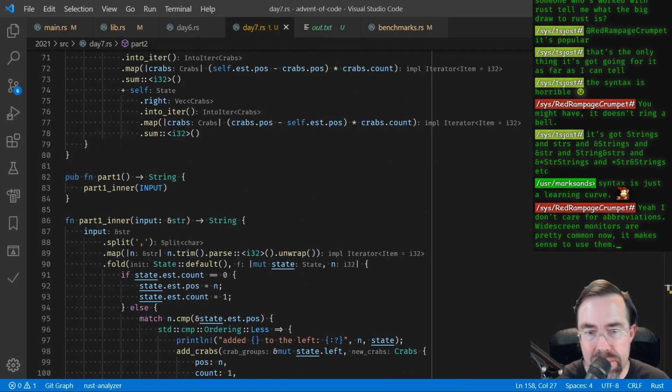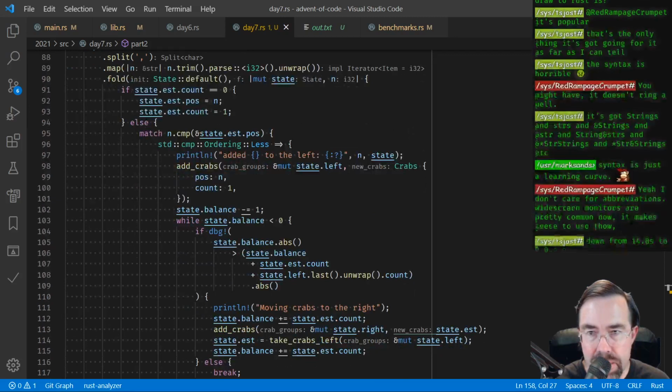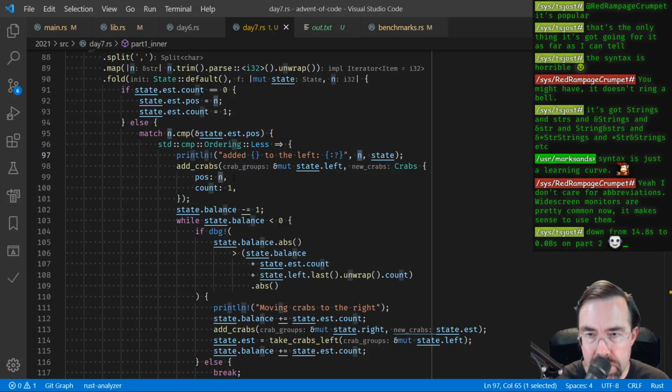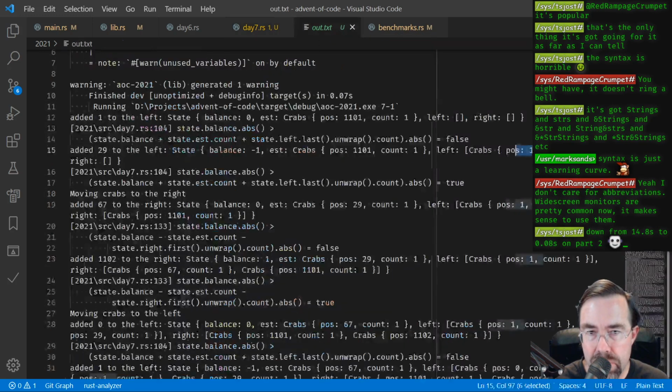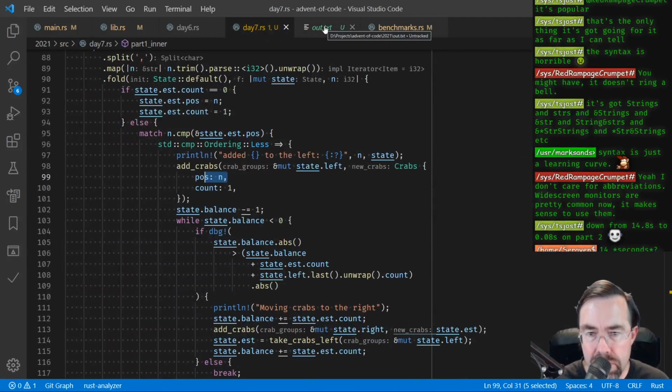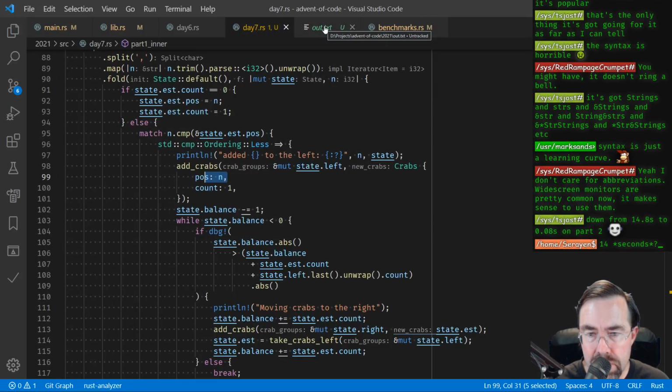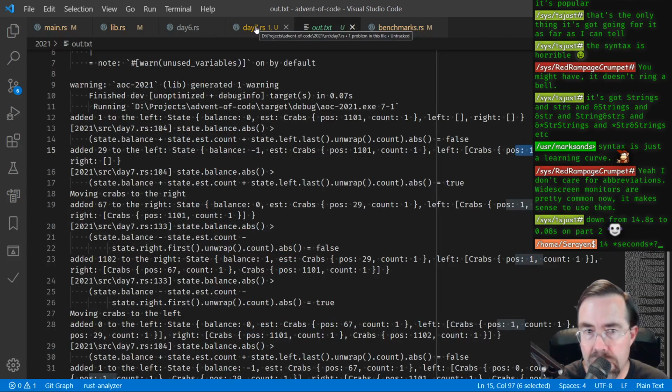Added 29. Okay. So where does n go? I don't get it. We put it into the position. Where did it go? Oh, we didn't print it after the add.